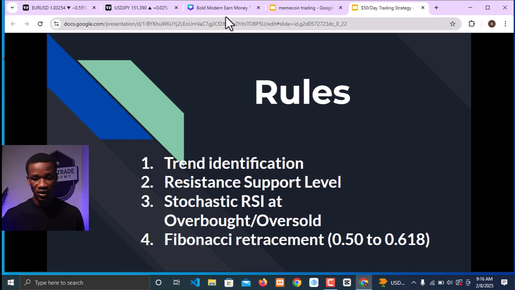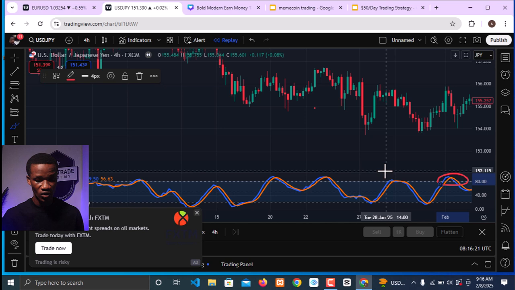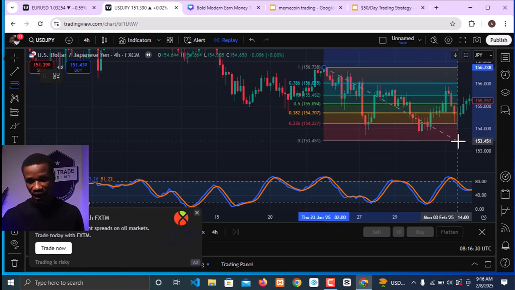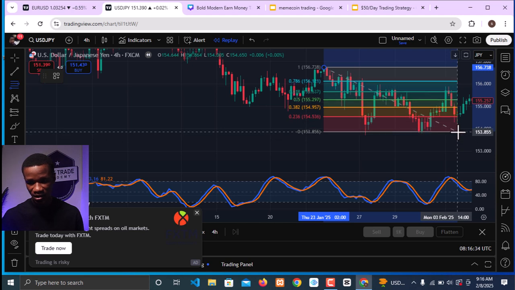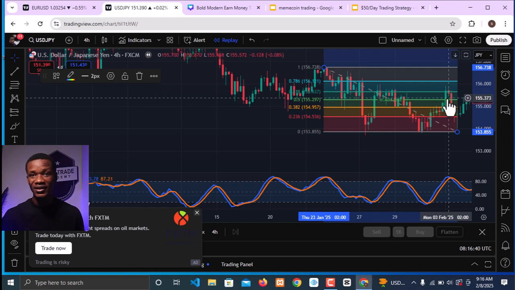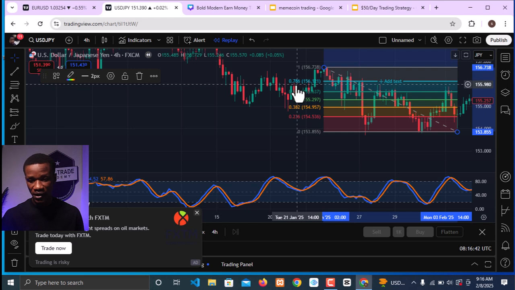So what we want to do now is to take our Fibonacci retracement tool, and then we'll draw it back down, from this very point of impulsive move all the way to this very area, okay, and once we do that, you see that the market moved upward into the 0.618, okay, approaching the 0.786. So from this very area, we are very sure that the market is going to come back down.